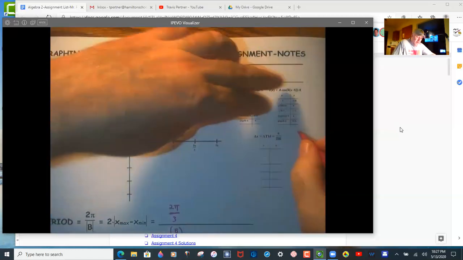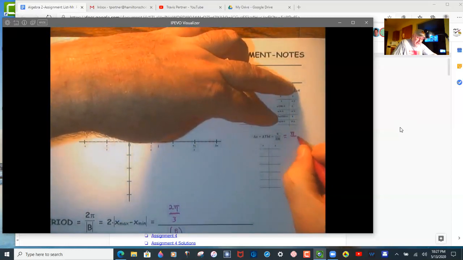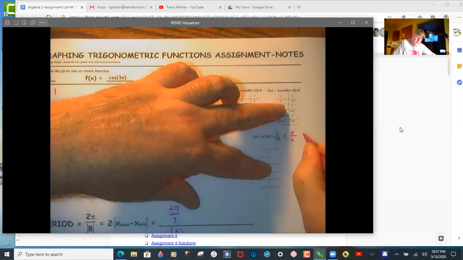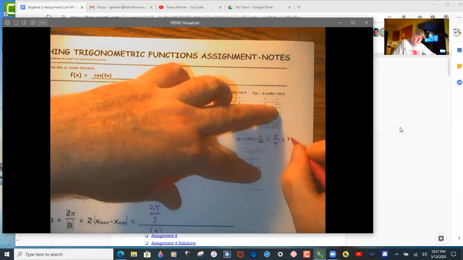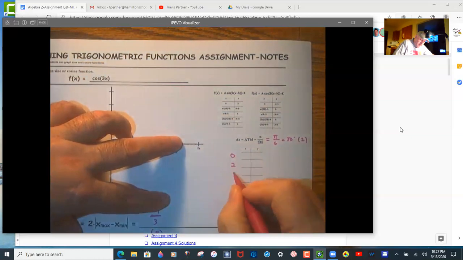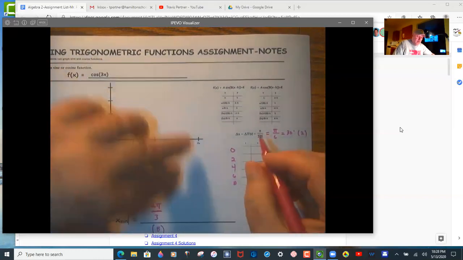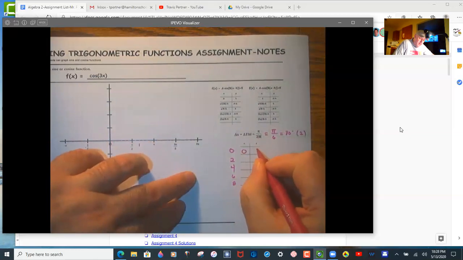All right, so pi over 2 times B, pi over 6. So this is going to be pi over 6, which is, let's see, 30 degrees and 2 scale marks. So we're going to go by 2 scale marks each time. And the start will be 0, a plus k, which is 1.